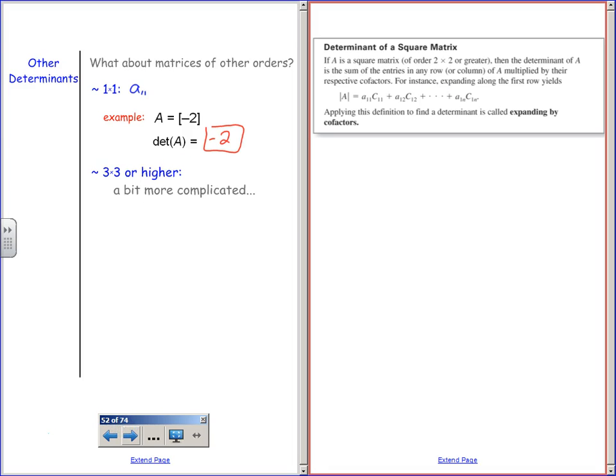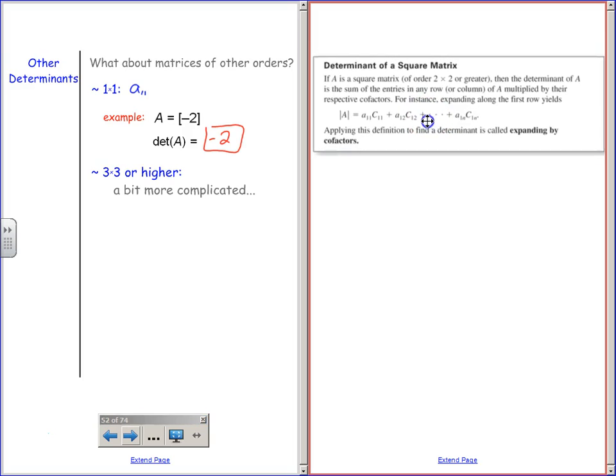Instead, I'm going to show you what works for any square matrix, not just 3 by 3s. There is a formula way with the 3 by 3, but it breaks down. It does not work with 4 by 4s. It's literally a trick, and I'll show you the trick before the end of the day, hopefully. But that's not what I need to focus on. What I need to focus on is everything higher. What do we do?